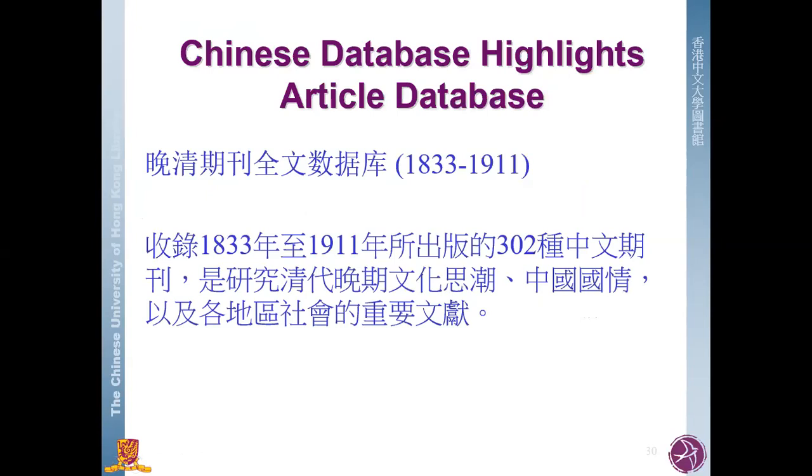So I want to move on to the second article database that I want to highlight for you. The 中國期刊全文數據庫 will give you rich, multidisciplinary Chinese article resources, right? But this time, this database called 晚清期刊全文數據庫 is very special because it covers papers dated from 1833.